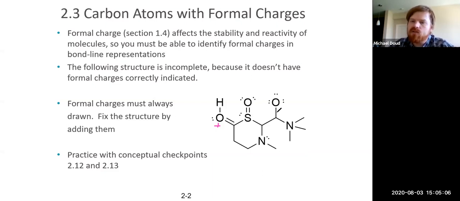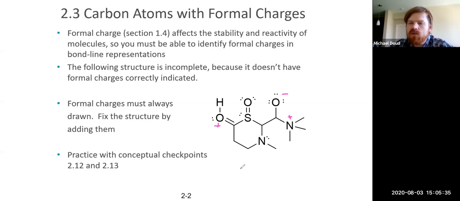Here, this oxygen has 1 bond and 3 lone pairs. That should be a negative formal charge there. Nitrogen is trivalent. So nitrogen should have 3 bonds and 1 lone pair, but here we actually count 4 bonds instead. So if we assign it, we have 1, 2, 3, 4 valence electrons for this nitrogen. It should have 5, so that means this has a positive formal charge as well.